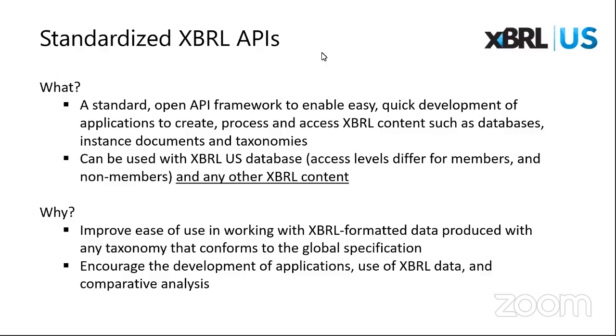But if you want to do more complicated queries against that data set, then you probably want to get access to the XBRL US database. So you can contact us about that. Depending on your needs, you can get an individual membership, for example, and I think that's relatively inexpensive. And then we can give you all the database documentation, so you can get access to that as well. So why are we doing this?